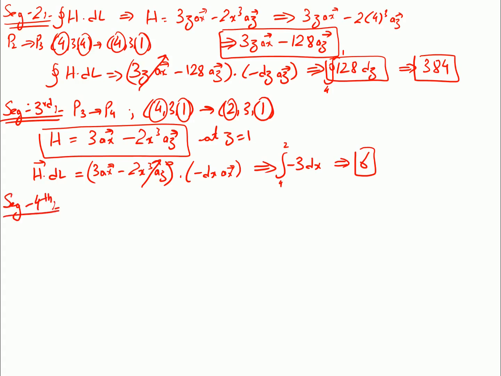I'll just write the answer. The final answer of H dot dL, with the limits of 1 to 4, following the same process as we did previously, is minus 48.